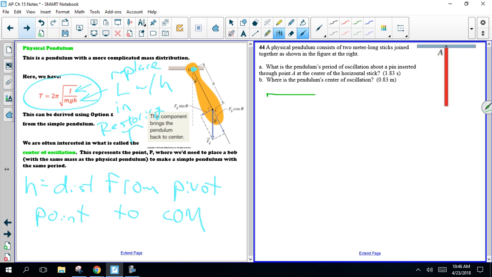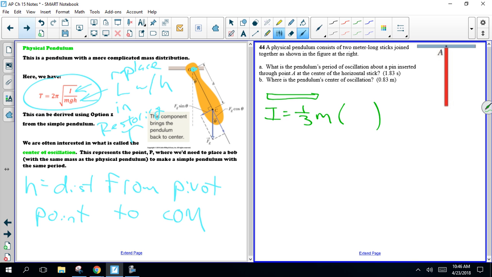So, for the piece that runs this way, I is 1/3 times the mass times, what? You guys remember? If they're literally meter sticks, what number would I use? Is it 1 squared for the top piece? It's half, yeah.